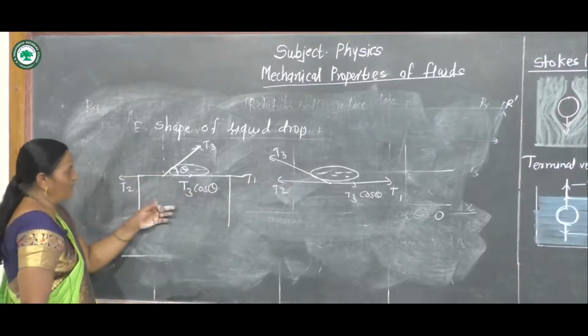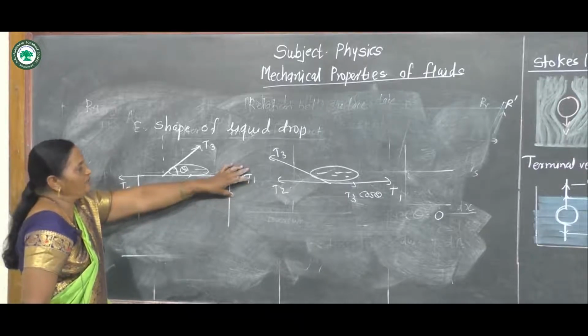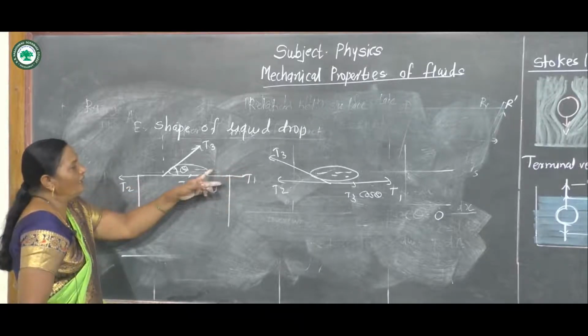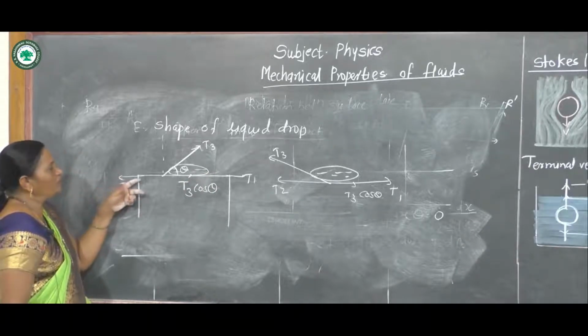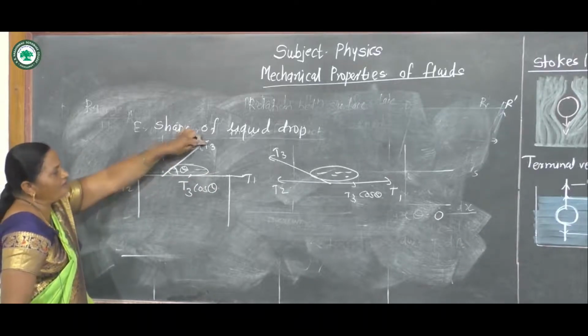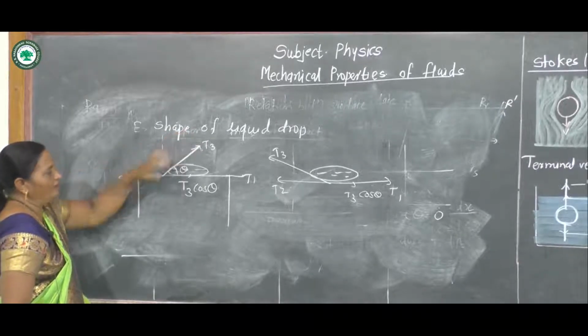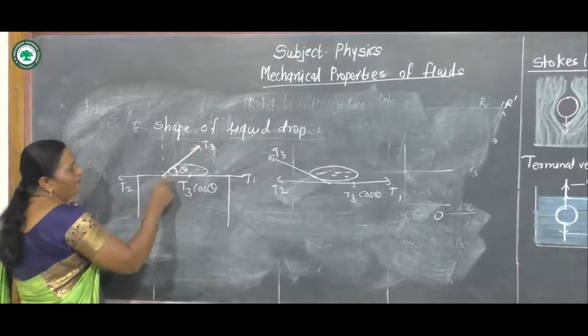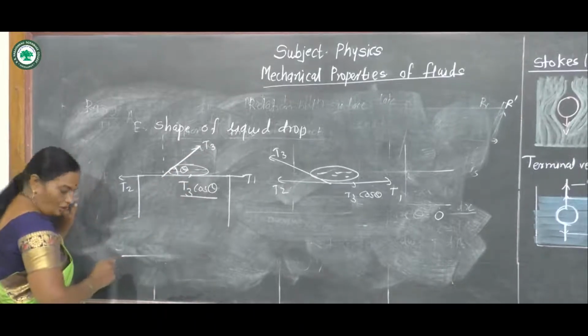Now see this figure: T1 is the force of surface tension between solid and liquid, T2 is the force of surface tension between solid and air, T3 is the force of surface tension between liquid and air. Now T3 has two components, the horizontal component is T3 cos theta.